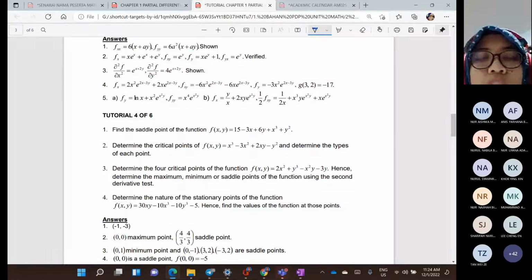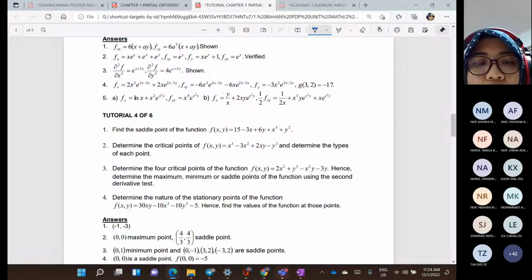So, 2 to 4 of 6 has no Lagrange, no constraint yet. It is still the same content: determine the critical point and then determine the type of the critical point. That's all. So basically the steps are the same for every question.